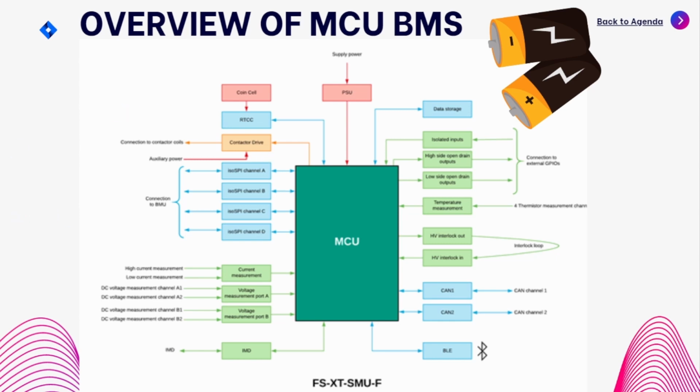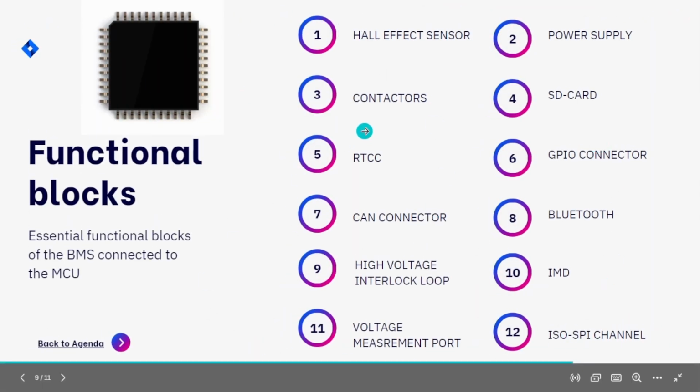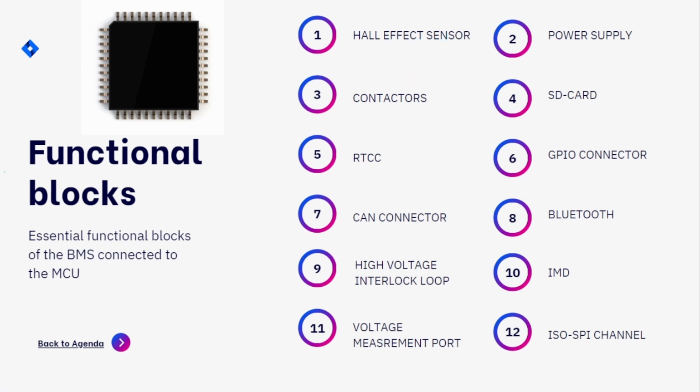Next we are going to see some essential functional blocks of the BMS that can be connected to the microcontroller. This MCU is connected to multiple functional blocks. Now, what are the functional blocks? Let's see one by one. These are all the functional blocks. The first one is a Hall effect sensor, power supply and contactors. Next one is the IST code.